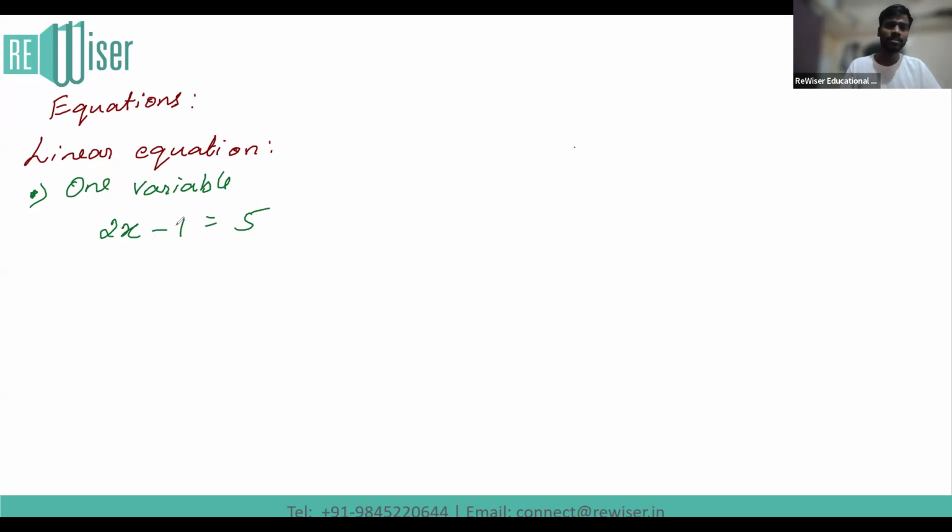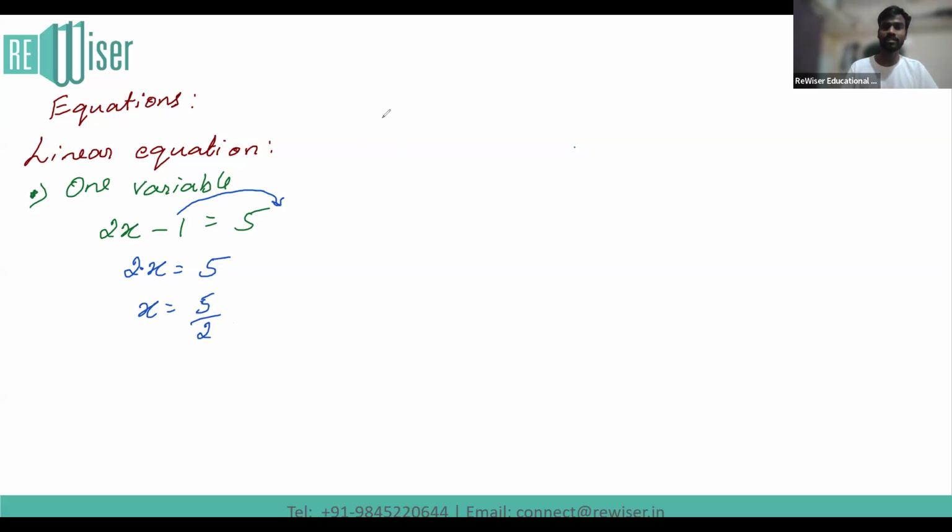So minus 1 goes to the other side, and it becomes positive 1. So 2x is equal to 5 plus 1, which is 6. And when the 2, which is multiplying x on the left-hand side, goes to the other side, it gets divided. So x is equal to 6 over 2, or 3.